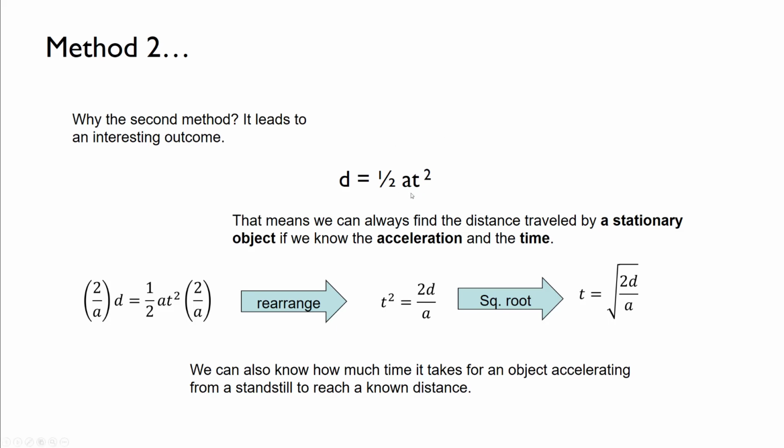Right, so this was the relationship we've been using to talk about accelerations from a standstill. This relationship only works for accelerations from a standstill, but fortunately for us, that's quite a bit of stuff we want to talk about.